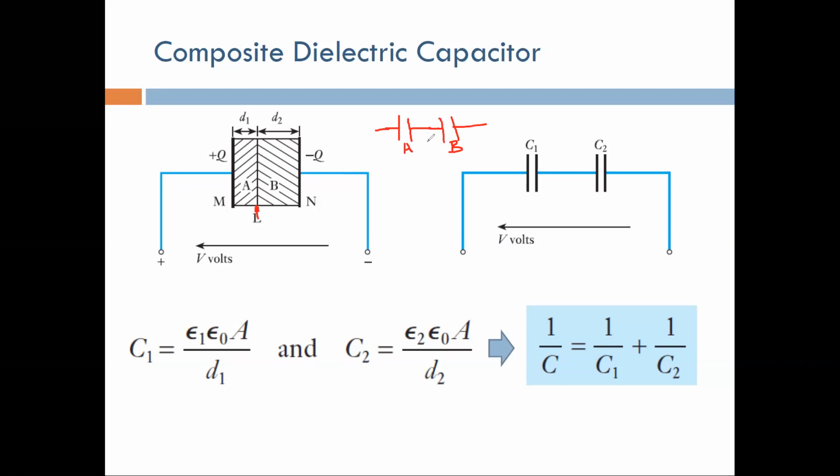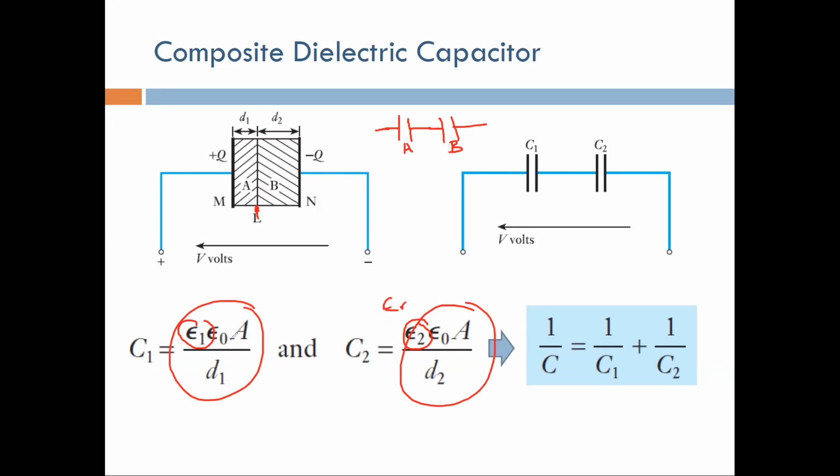All the equations for series capacitors will apply. C1 and C2 are computed the same way, but with a different epsilon for each. We label them epsilon 1 for the first material and epsilon 2 for the second, but these are epsilon R. The total capacitance is computed from the series capacitance equation.